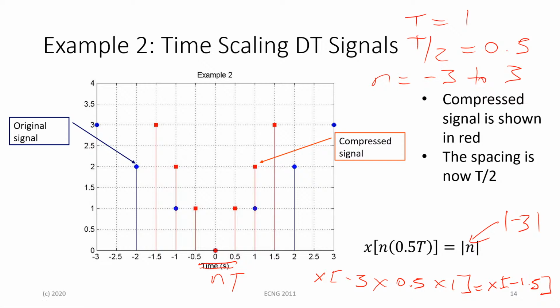So that's how we still get that value of positive 3 here accordingly. But in this case, inside the brackets, it's going to be x of negative 1.5.